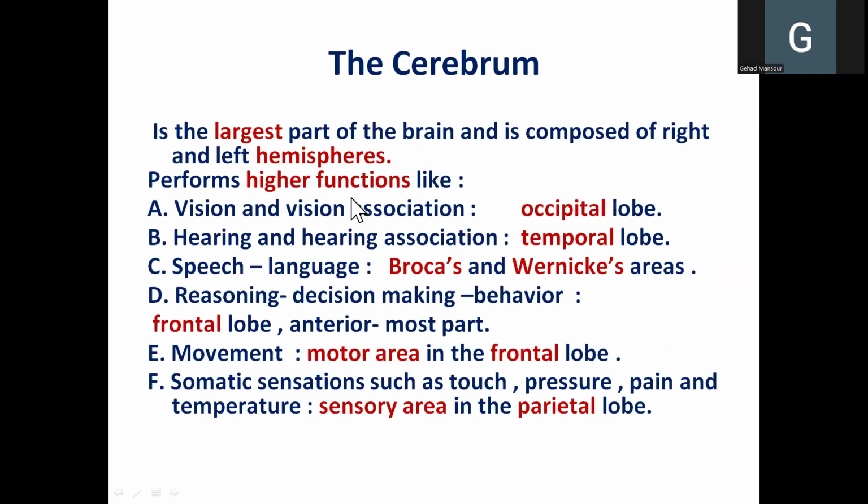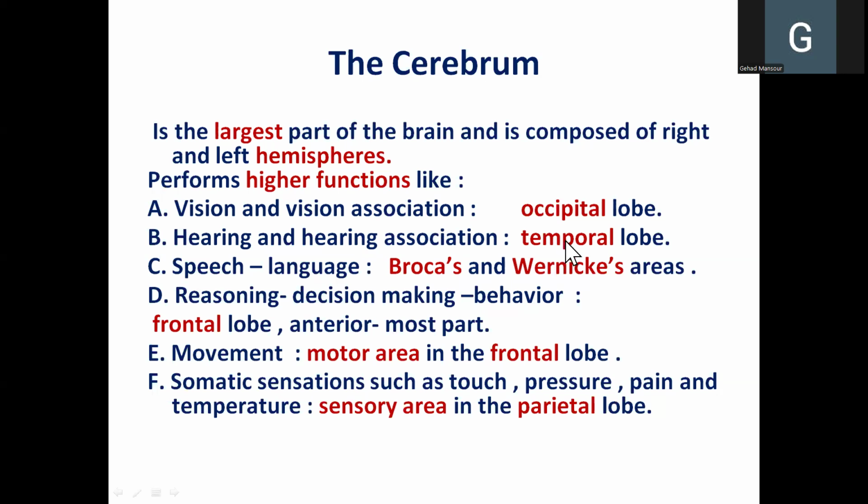Now you also have to know the functions or the centers that are present in every lobe. So of course, you know that in the occipital lobe, we have the vision center that is responsible for receiving electric impulses from the optic nerve, and the vision association area that is responsible for understanding what we see, which we call perception of vision.